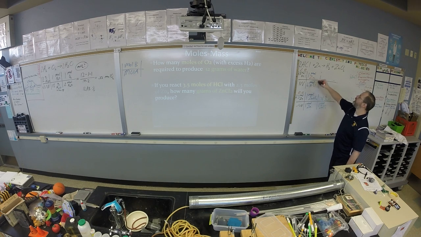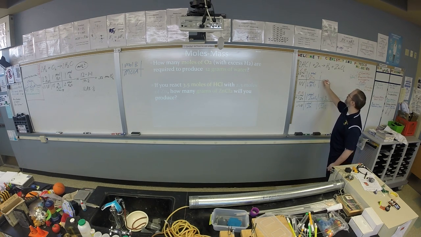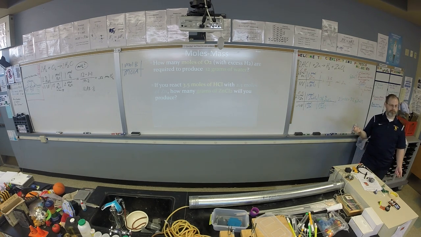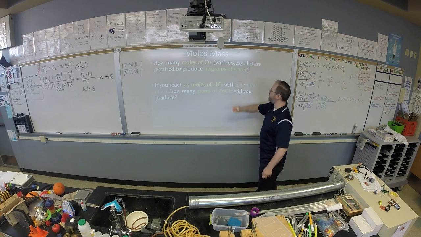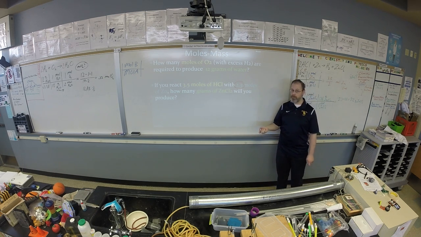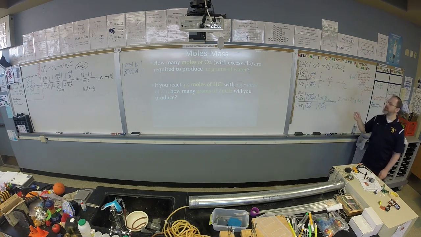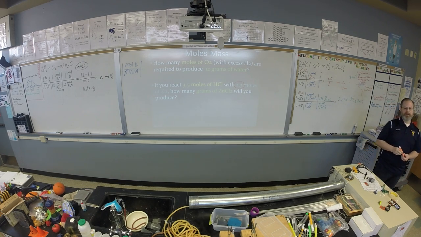It's a 2-to-1 ratio, so we would need 3.5 over 2 moles of zinc. That's how many moles of zinc we'd use. 3.5 over 2 is 1.75, so 1.8 moles. Of the 2.3 moles we had in the simulation, we only used 1.8 of it. That means there's going to be about half a mole of zinc sitting there in the bottom of the beaker. Make sense?